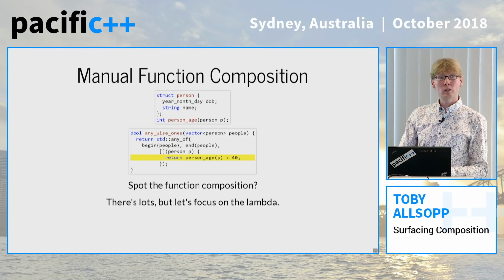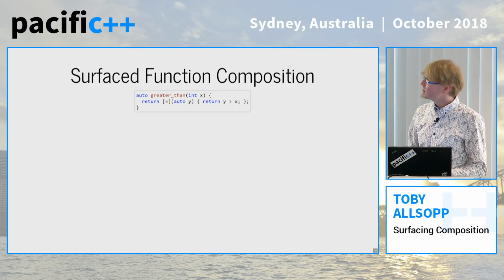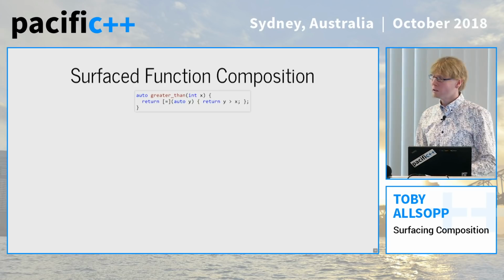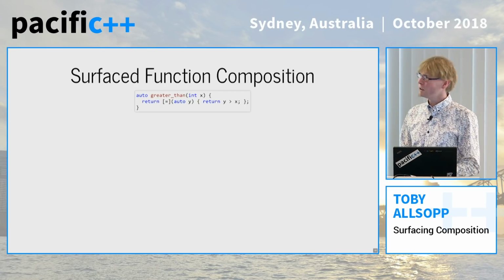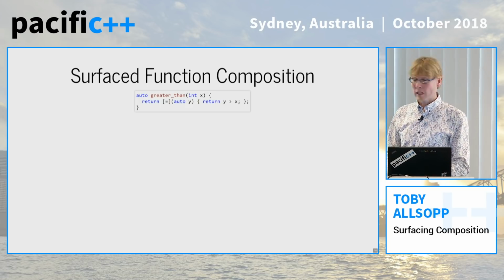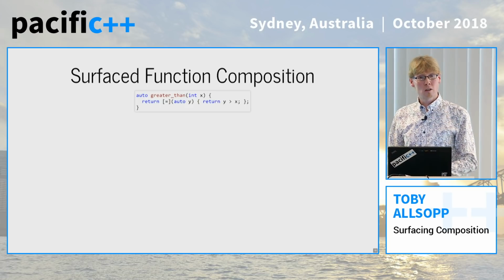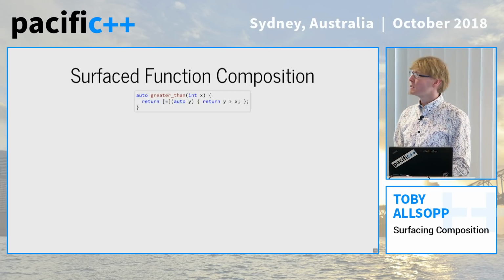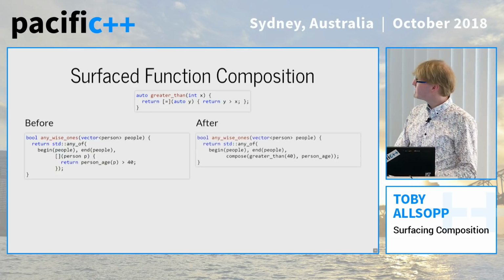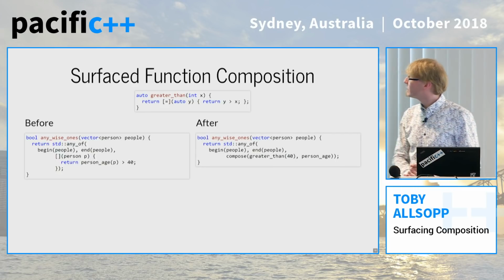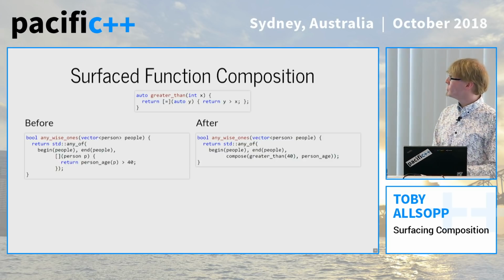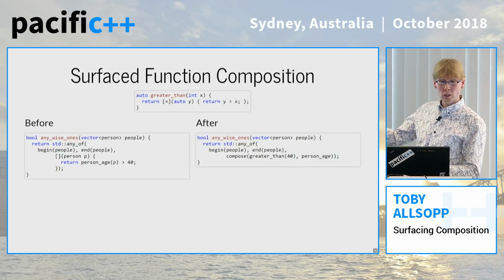So let's see if we can bring that out to the surface in this code. Let's define a little higher order function here. What this does is it takes a value and returns you a function that compares its argument against that value. Then we can rewrite our lambda to be a composition of greater than 40 with person age.